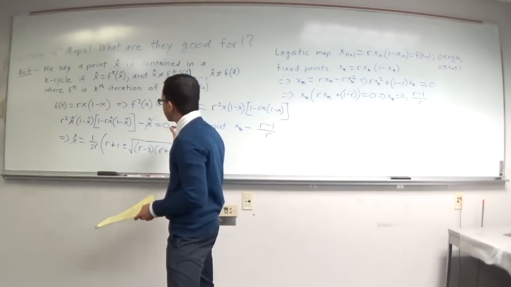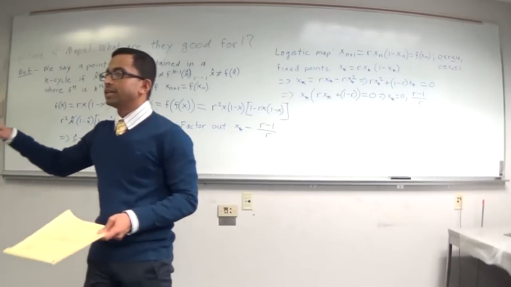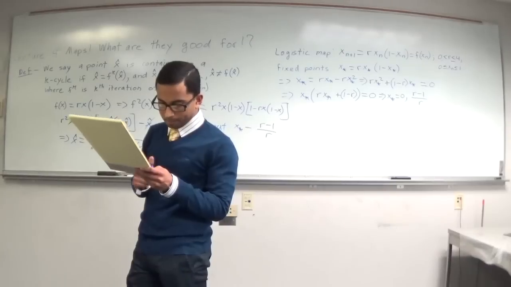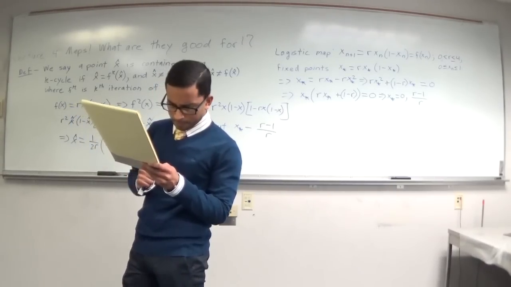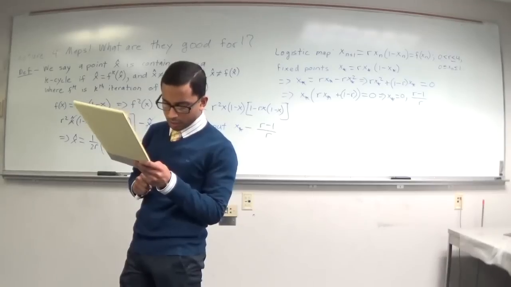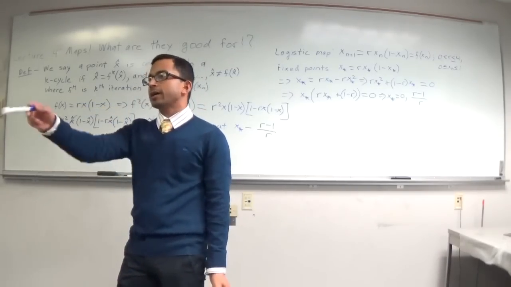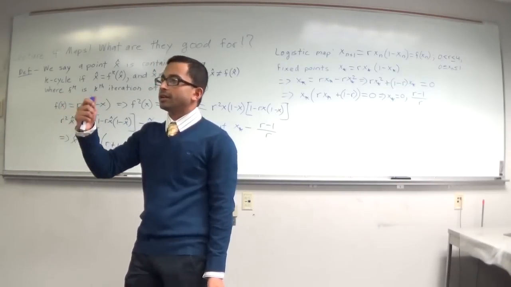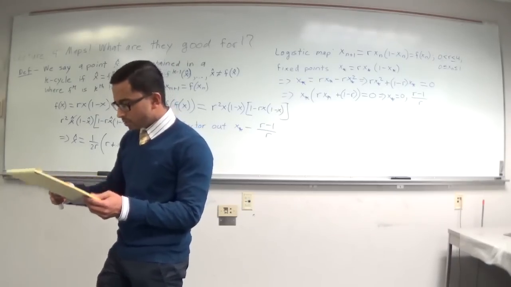I just want to get you to think about it. So just plot F3 and y equals x, for the r value that you have for your cobweb plot. So for that same r value, plot F3. So that's that.